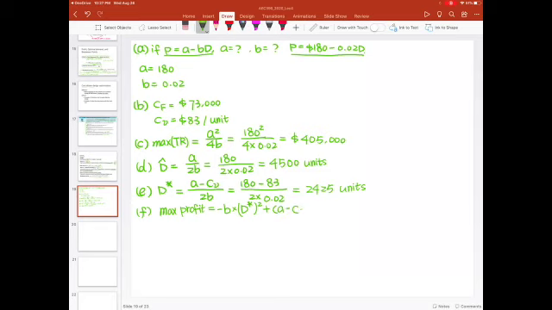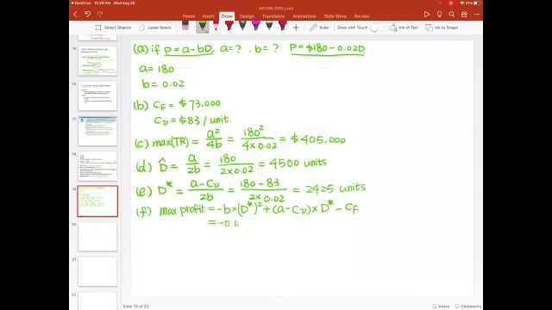Okay, plus A minus C lowercase v times D. We replace D with D star, because we want to know the profit maximized, minus CF. Okay, and we just substitute this with the values.